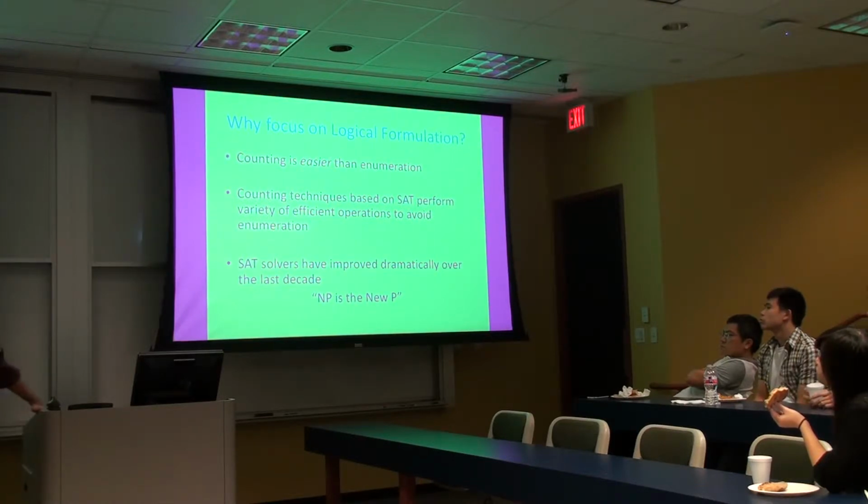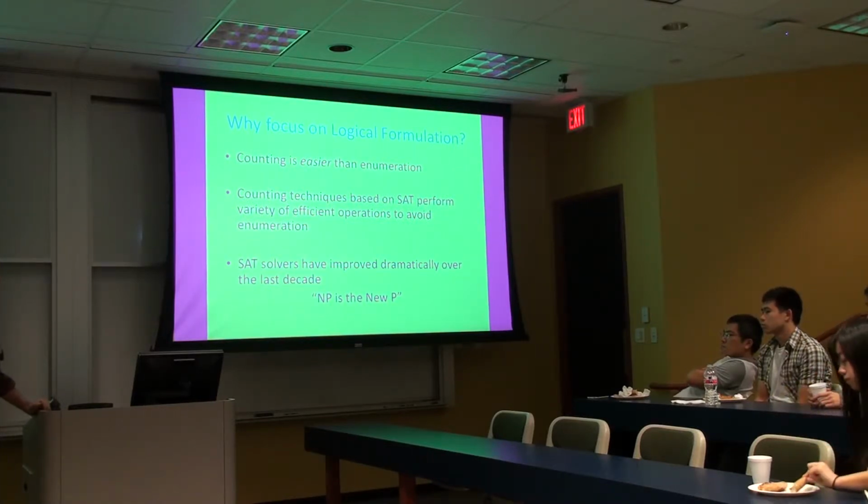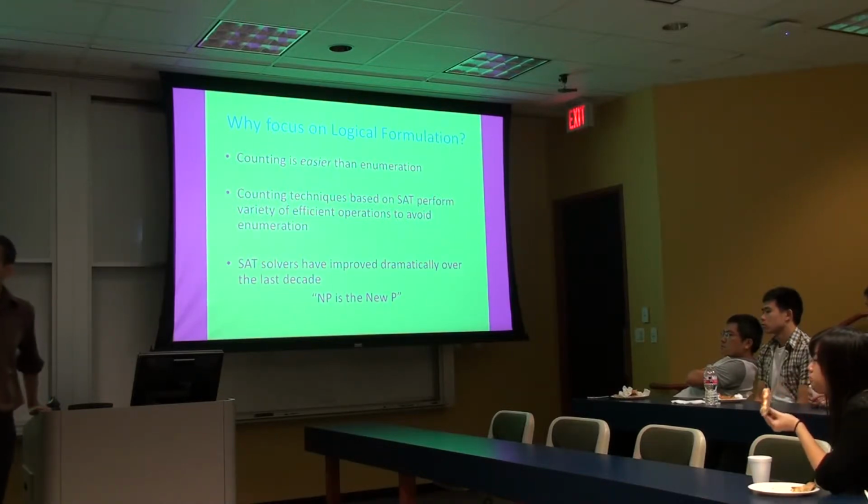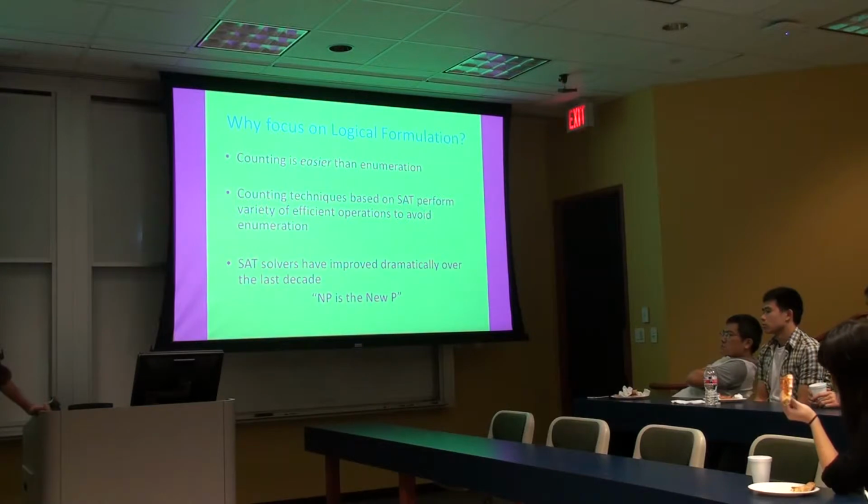And what we have seen is that counting techniques are based on SAT. The formulas we are talking about are Boolean formulas, and there have been a lot of SAT solvers built on those. So there has been a lot of work on developing counting techniques for SAT formulas. They have really efficient operations that can avoid enumeration.